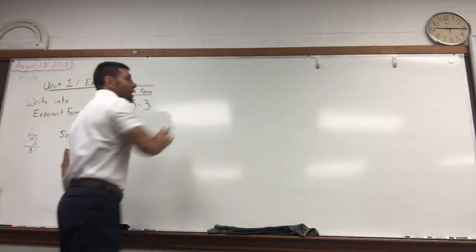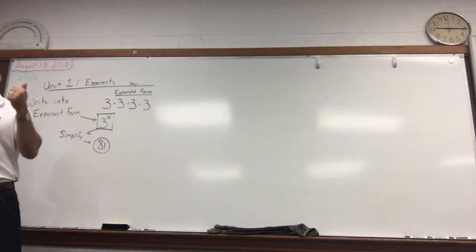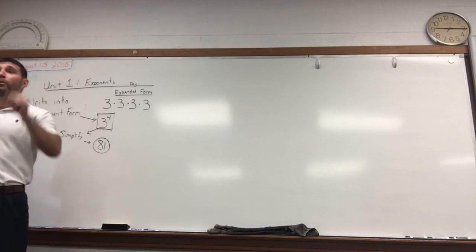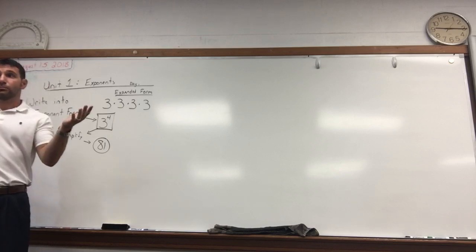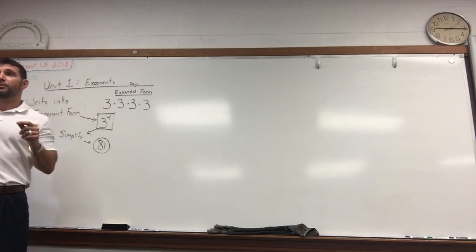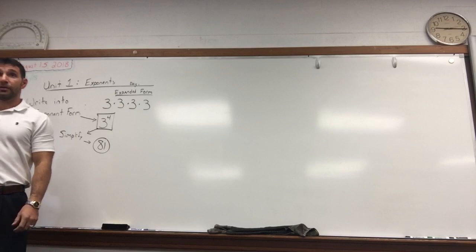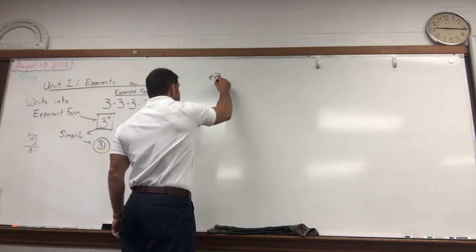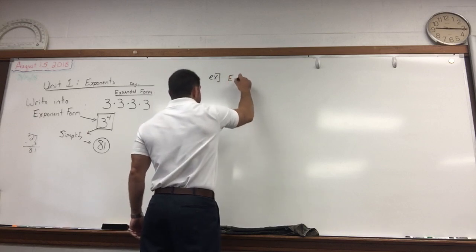So, I want the same thing. We are going to start in expanded form. I want to see exponent form first, and then I want you to simplify it. You're at a group, right? Yep. I want each group to be able to do this and come up with an answer for me. Fair enough? Okay, so you guys are working together. Here's the example. So this is expanded form.